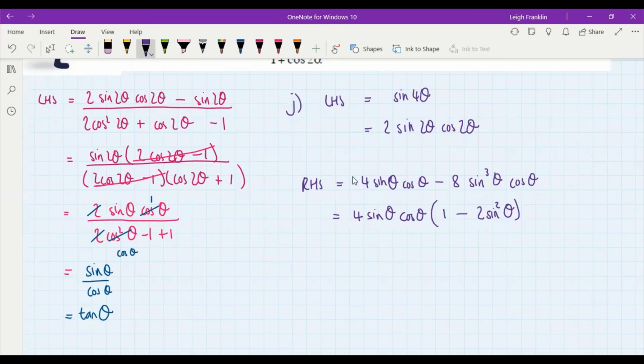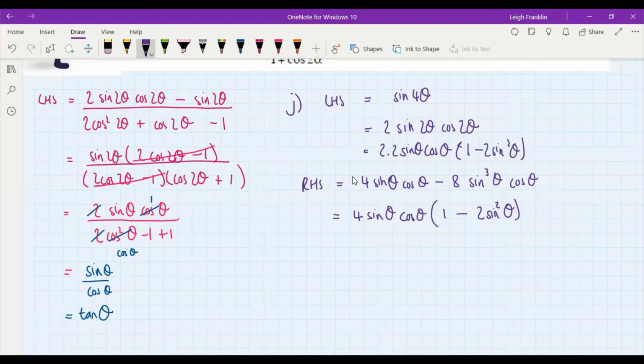Okay, so now I'm just going to go back here. 2 sine 2 theta can be written as 2 times 2 sine theta cos theta. And I can rewrite cos 2 theta as 1 minus 2 sine squared theta.